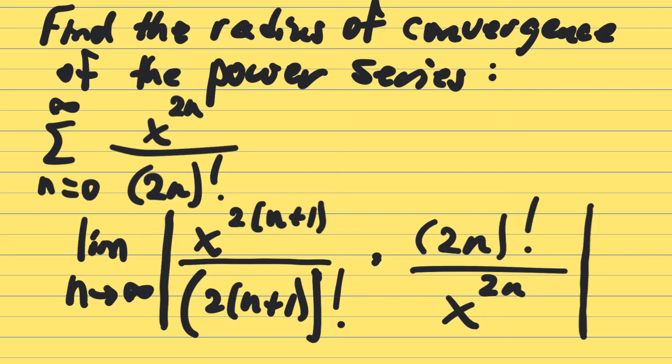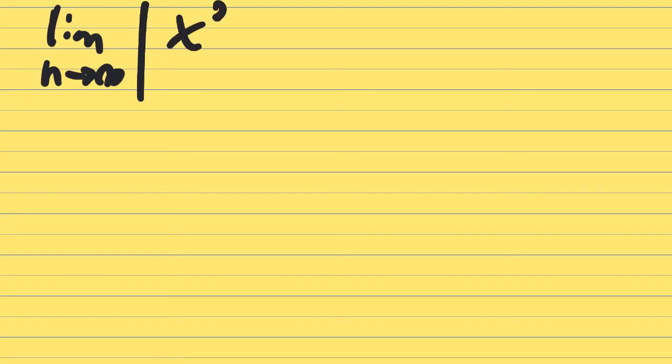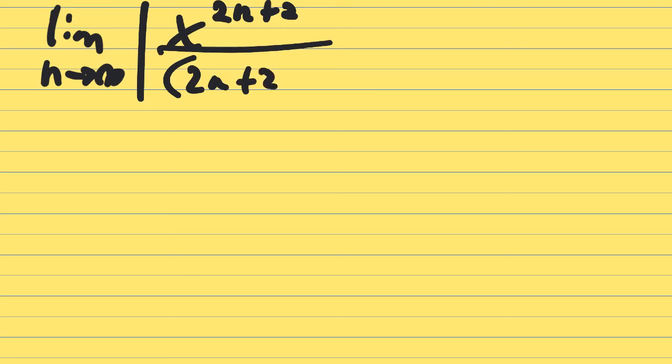In the bottom left, it'll be 2n plus 2 factorial. Okay, so that's with the 2 distributed. Remember, it's going to be times the original flipped over.